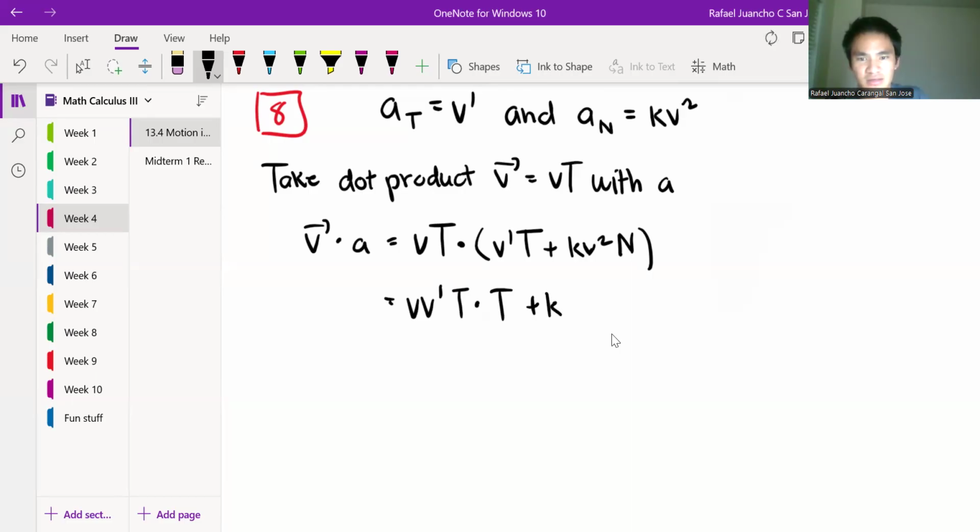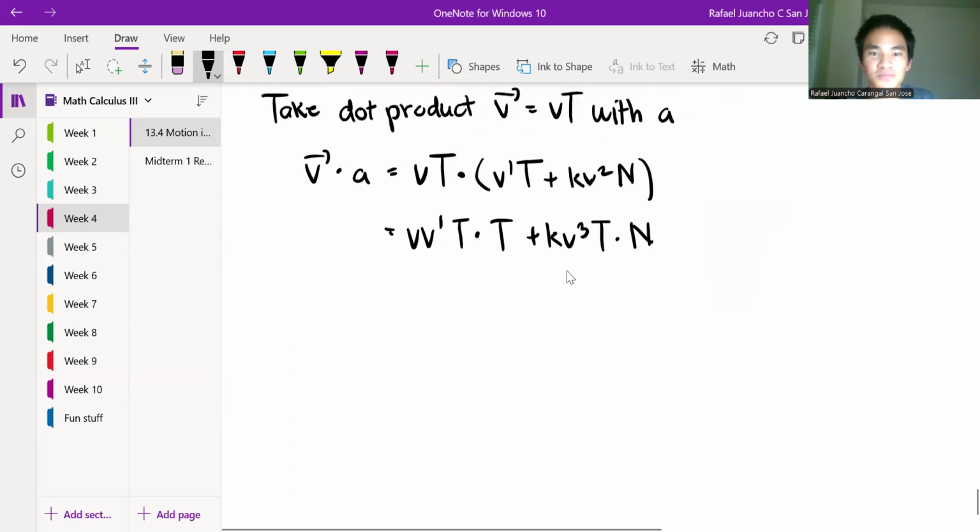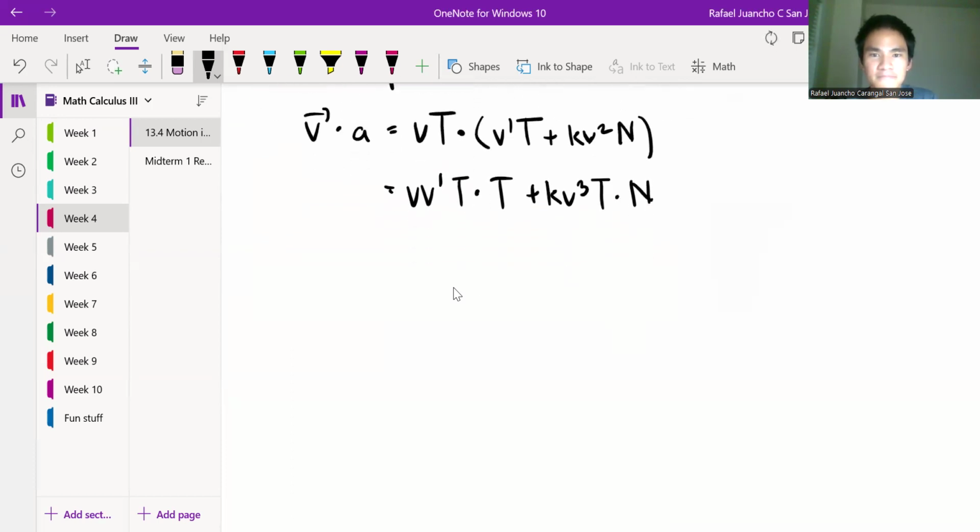We add our curvature, v cubed, t dot n. So basically what we did here is we multiplied this to this and this to that, right?